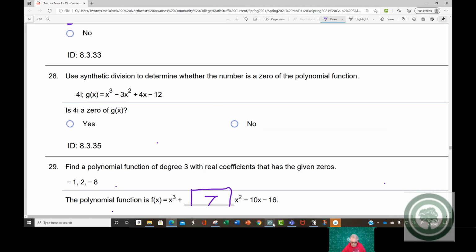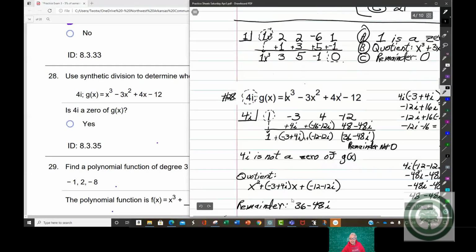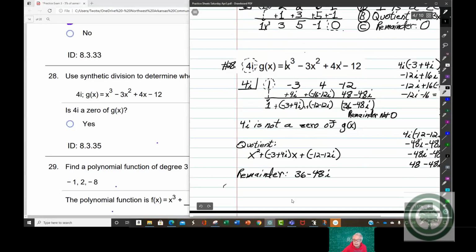Ah, yes. I'll tell you. Number 28 is x to the third, okay. This is 1x to the third minus 3x squared plus 4x minus 12, right? And then we did our synthetic division, and we got the quotient down here, the quotient and the remainder.